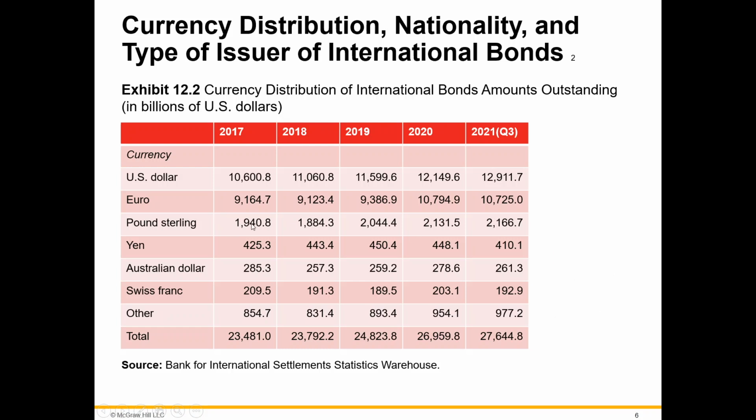So pound sterling is sort of the biggest of the little ones, and then yen, Australian dollars, and Swiss francs are all kind of in that same smaller size. And then all the other currencies across the entire world basically add up to about as much as the bottom three in that pool combined. So it really is just a few currencies that dominate the Eurobond market, and that makes sense because those currencies are the ones that would be most useful to be either paying or collecting in.